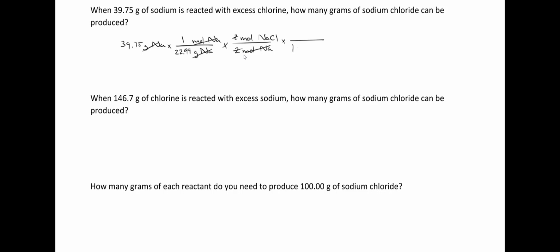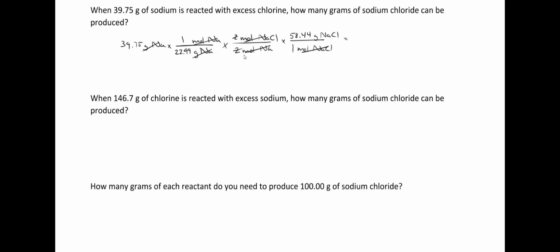So 1 mole of sodium chloride has a mass of 58.44 grams. And the units cancel. And so you'll see here that we were able to go from 39.75 grams of a reagent to the number of grams of sodium chloride.